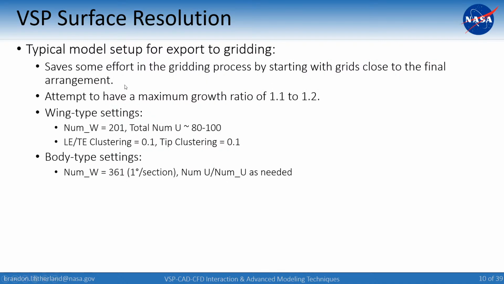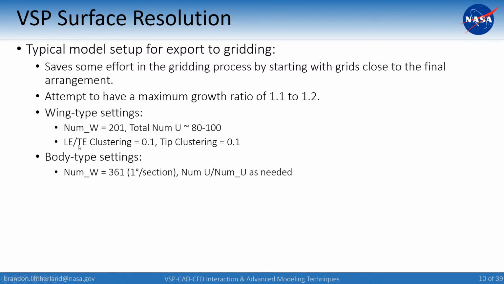In my experience, when you try and set things up for gridding, you can go ahead and do some of the work ahead of time in OpenVSP so that you don't have to do as much interpretation in your grid system or your grid tools. So you try and have a maximum growth ratio of about 1.1, maybe 1.2, depending on the fidelity. For your wing settings, use 201 points all the way around in the chordwise direction, and maybe 80 or 100 in the spanwise, depending on the wing.